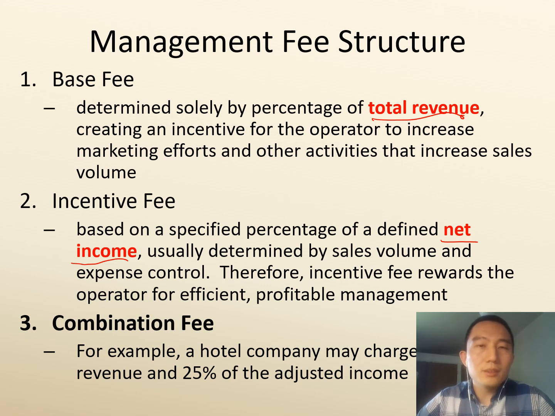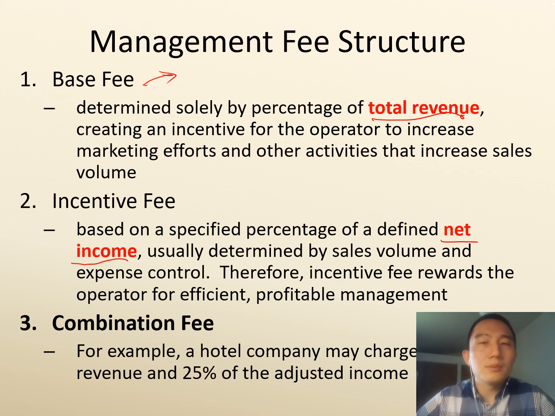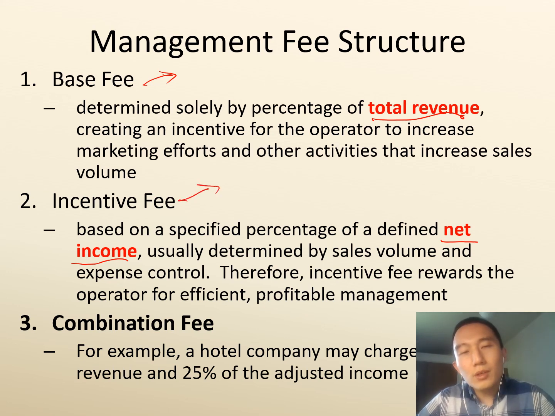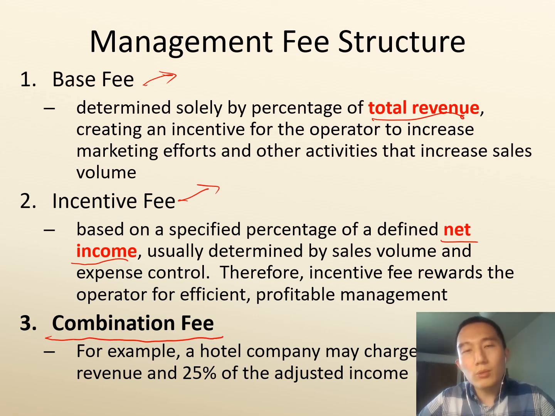So for this reason, the management team prefers the base fee because it is safer for them. They can get their money anyway. The hotel owners prefer the incentive fee because it encourages the management team to make more profit. So nowadays, the most popular fee structure is called the combination fee, which includes both base fee and incentive fee.